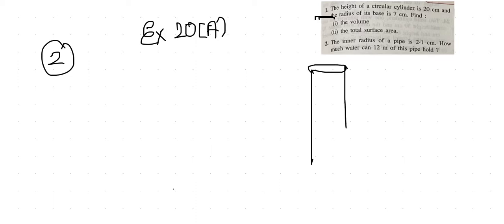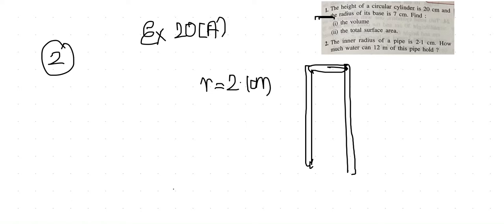Suppose this is the pipe and then you have a certain thickness of the pipe. So it is always understood, children, that whatever water the pipe will be holding will actually be its internal volume only. Okay, so the inner radius has been given already. So r has been given as 2.1 centimeter and then height has been given as 12 meter.